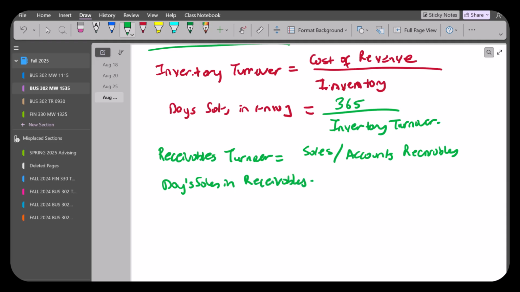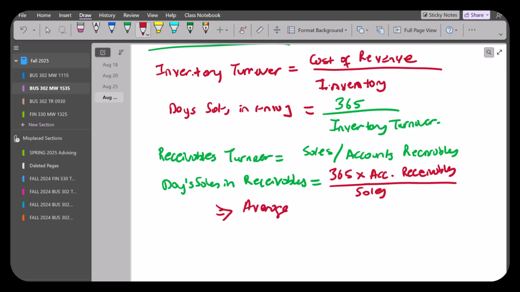I'm going to write this explicitly by inverting receivable turnover. And this is also sometimes known as average collection period. So on average, how many days does it take you to collect your receivables from your customers.